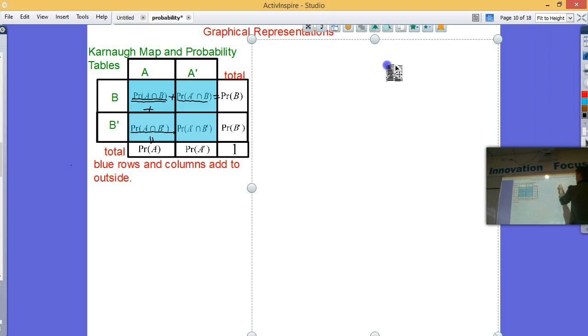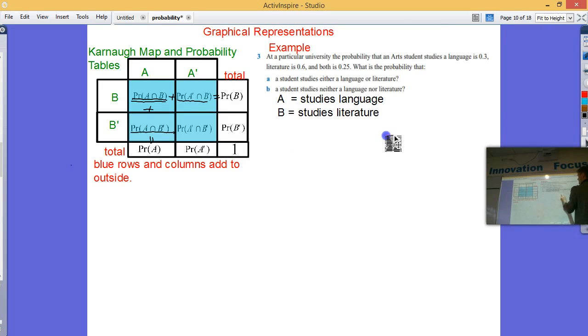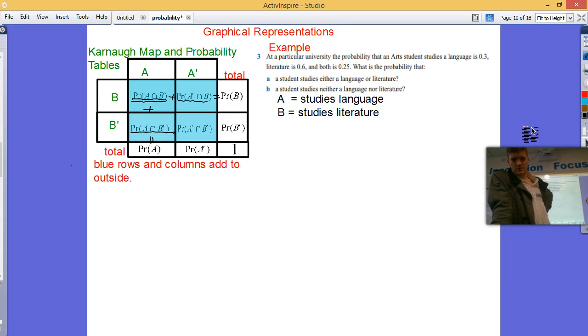What we'll do is break it down this way. Alright, so let's consider, particularly in university, the probability that an art student studies a language is 0.3 and studying literature is 0.6, and studying both language and literature is 0.25. What is the probability that a student studies either language or literature, or a student studies neither language nor literature?